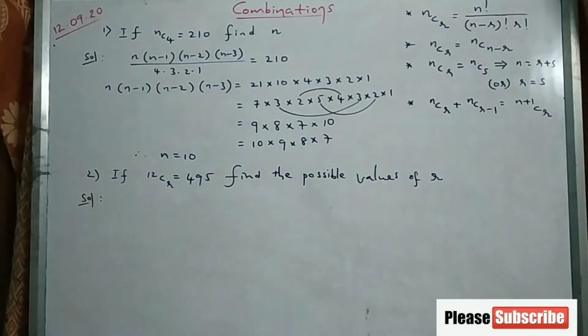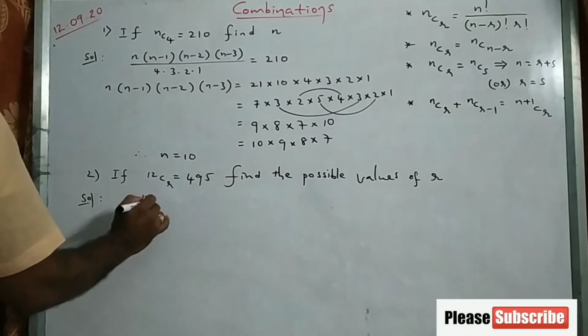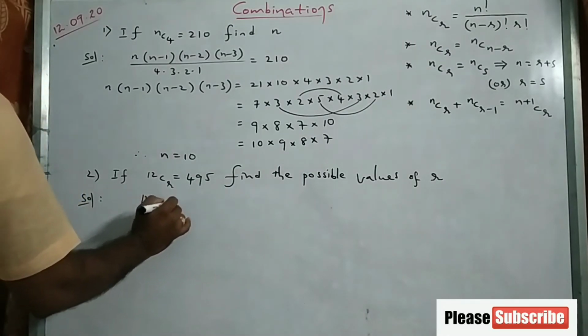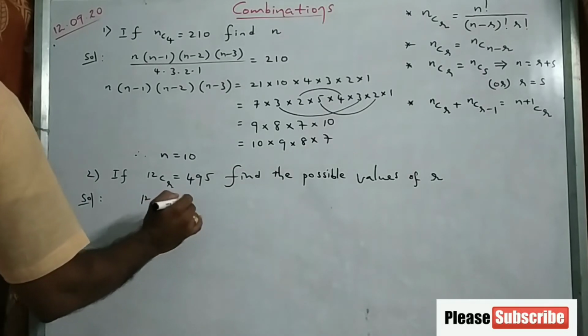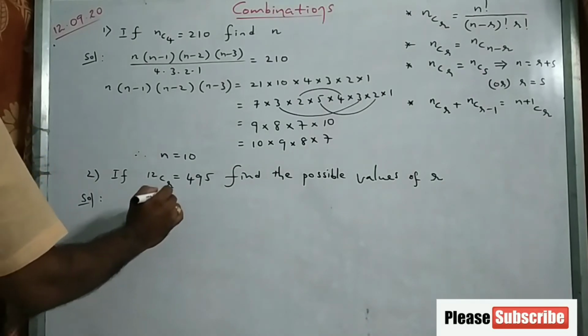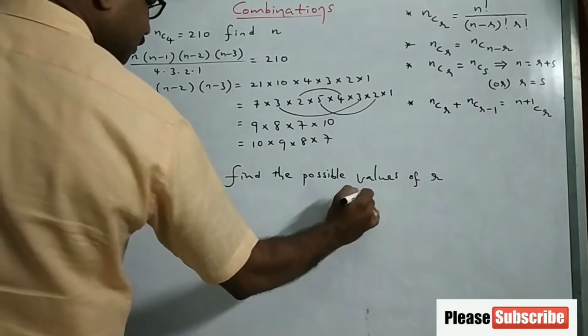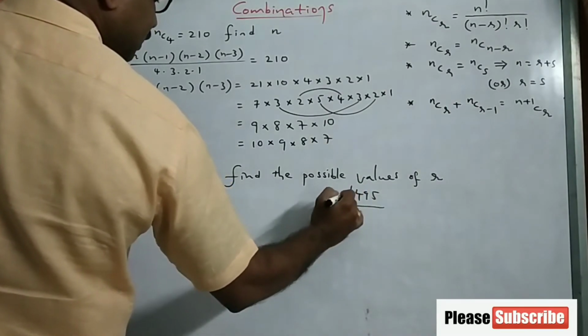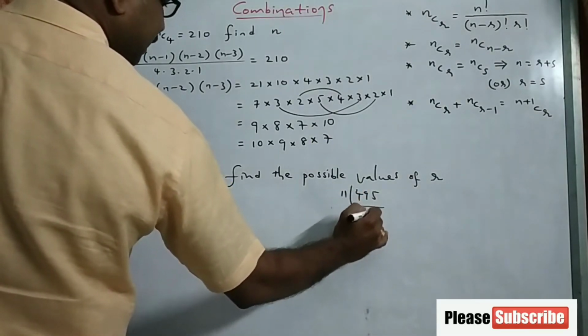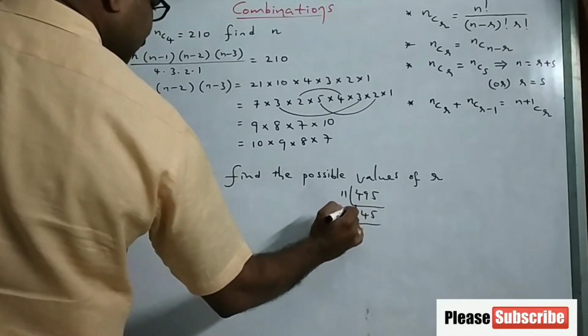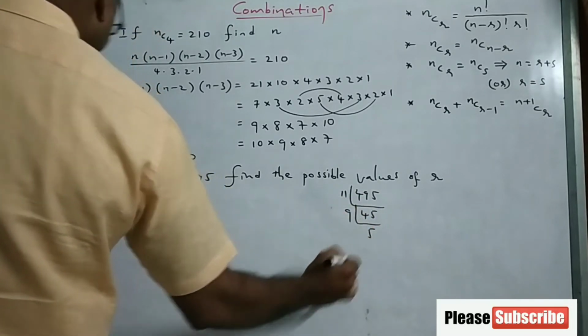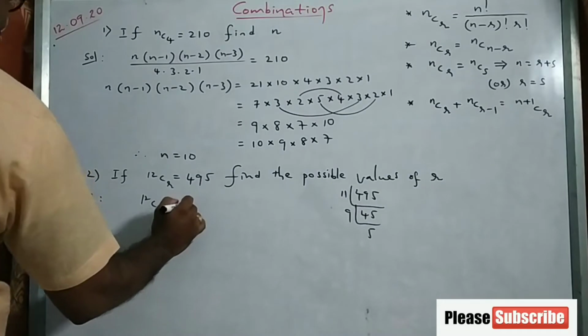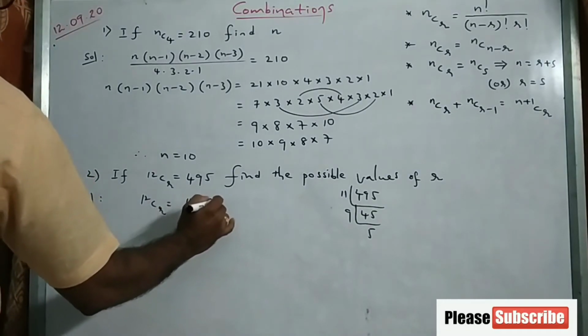You see here 12Cr is equal to 495. How can we write 495? Split this: 11 4s are 44, 11 5s are 55, 9 5s are 45. So 11 into 9 into 5 I can write this.